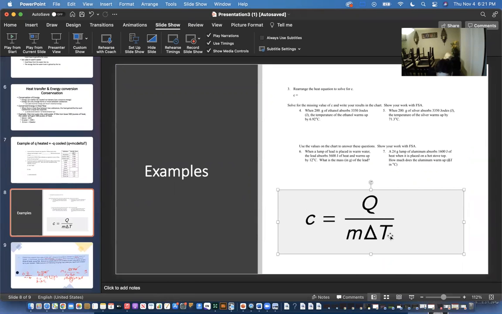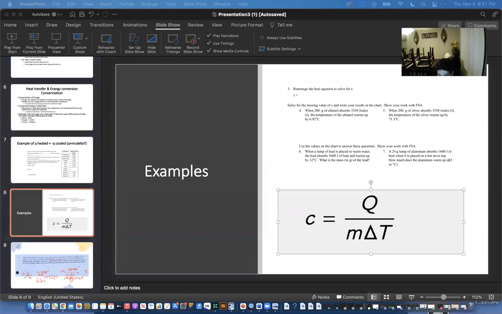If you're looking for mass, it's the same thing. Mass is Q over specific heat times temperature, right? Does that make sense now?